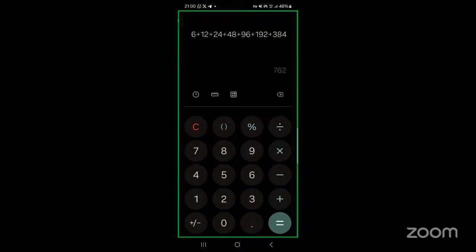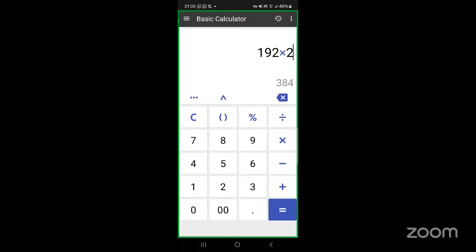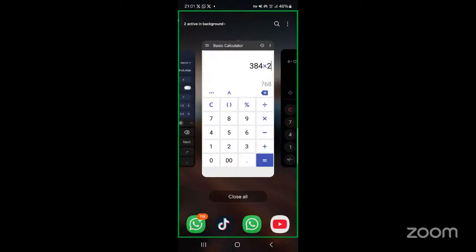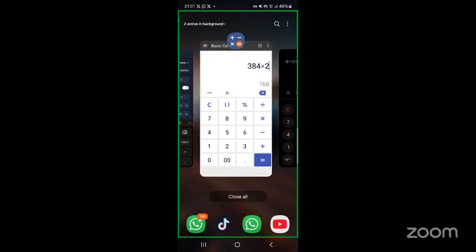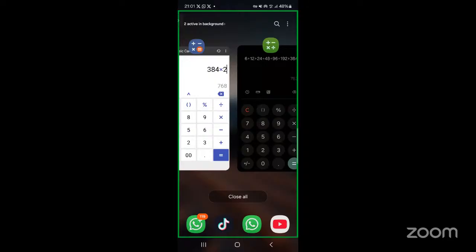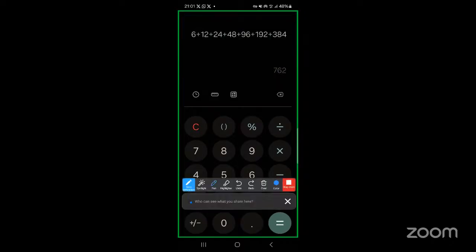Okay. 384 times 2, that will be a lot of money. 768. Okay. So it means this strategy, if someone wants to enter, you are deploying 600.